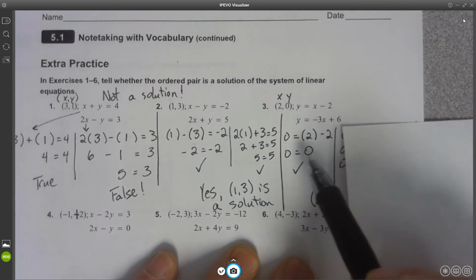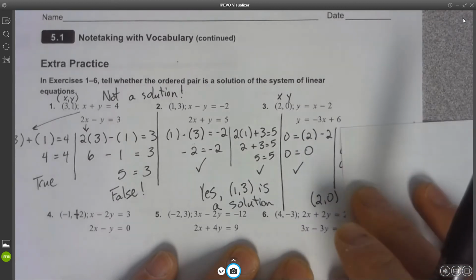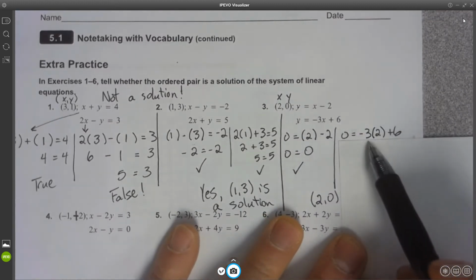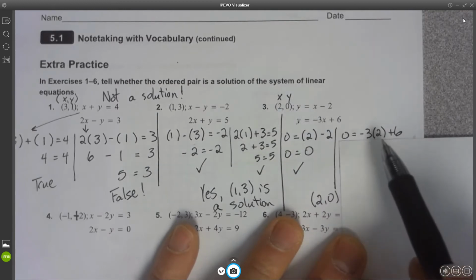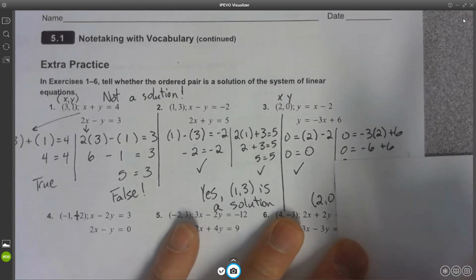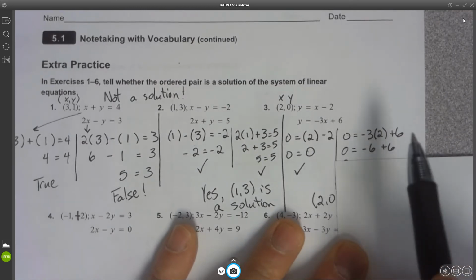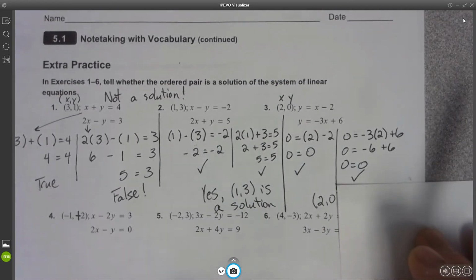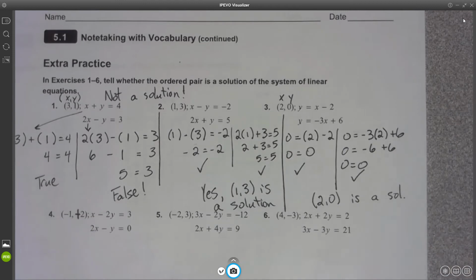So the first equation works, 0 equals 0. When we do that with the second equation, 0 equals negative 3 times x, or 2, plus 6. Negative 3 times 2 is negative 6, and negative 6 plus 6 makes 0. So yes, that point works for both equations. So 2, 0 is a solution.